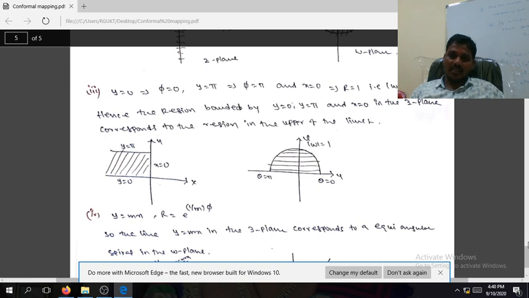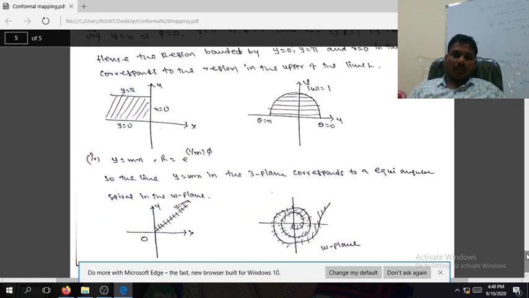Next, last case. Here, y is equal to mx. R is equal to what we have? Capital R is equal to e to the power of x, right? So y is equal to mx, x is equal to m, or e to the power of 1 by m into pi.